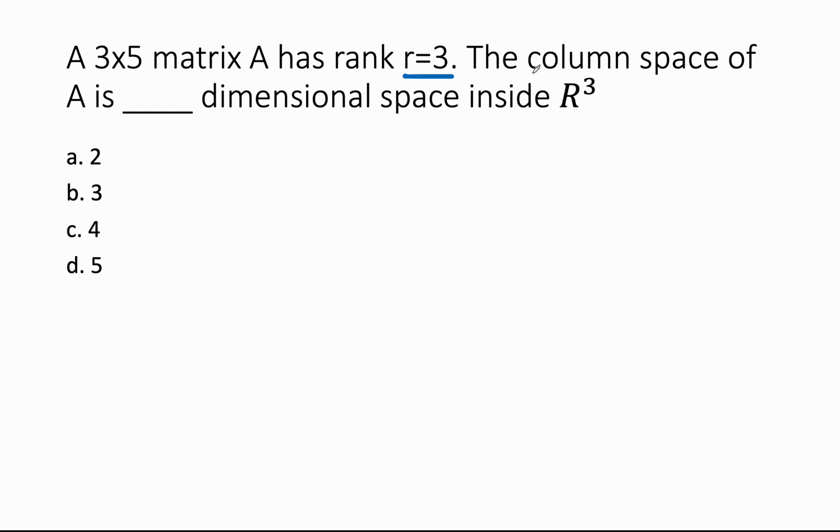There are two things we should know: one is column space, and the other is the rank. What is rank, what is column space, and then we can give this answer. So first of all we will start with the definition of rank.